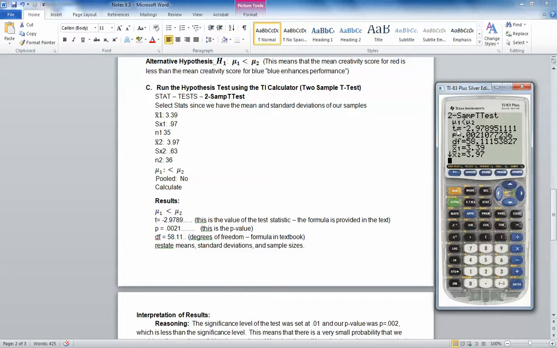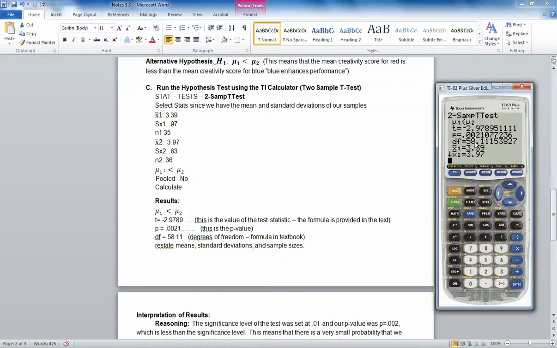That means that basically the differences between the red fall on the negative side. The p-value is 0.002, and that represents the probability that happened by chance.